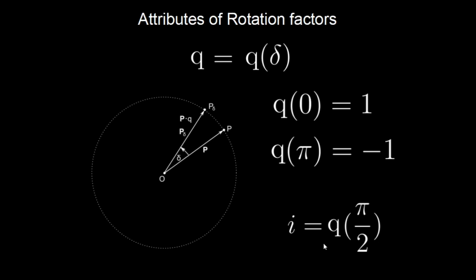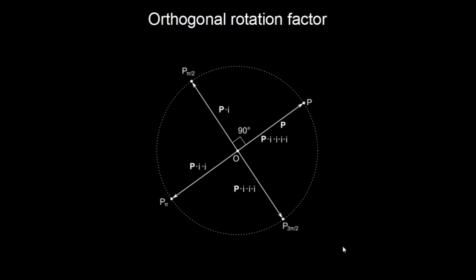Notation-wise, the orthogonal rotation factor is denoted as Q half pi, which is further succinctly denoted by a simple I. We are going to see the orthogonal rotation factor is very important.